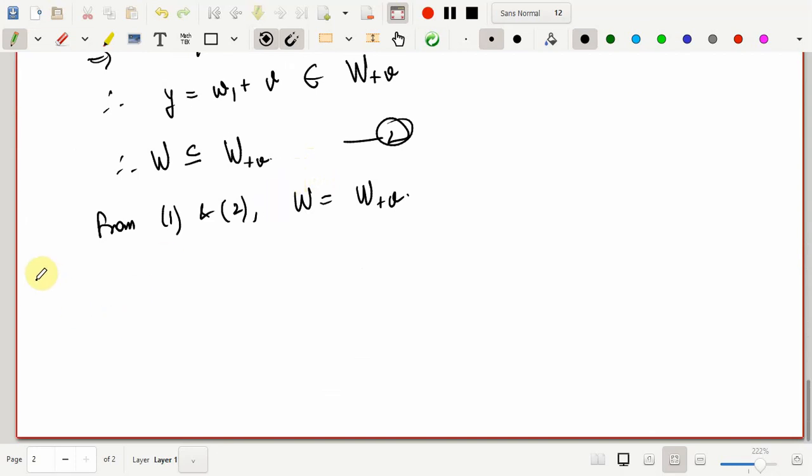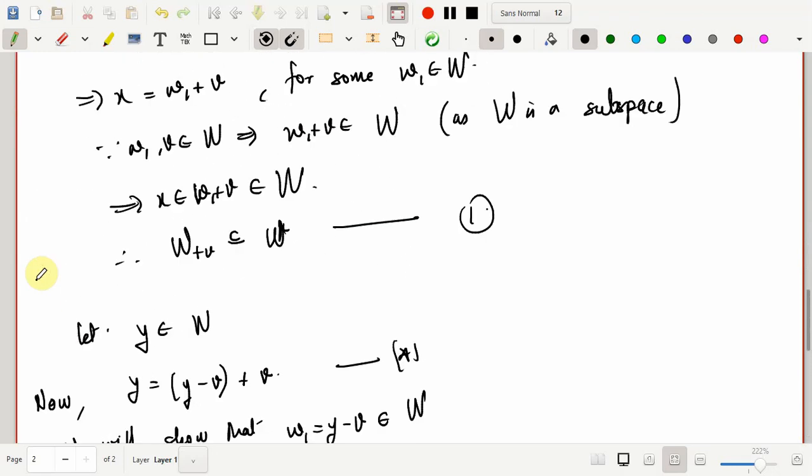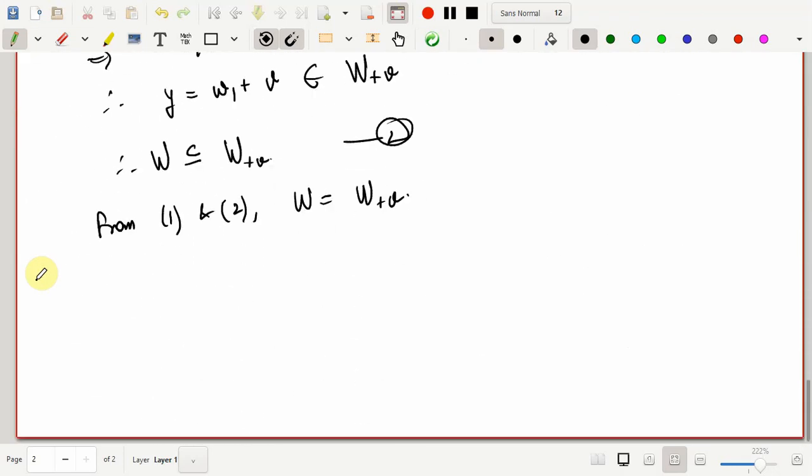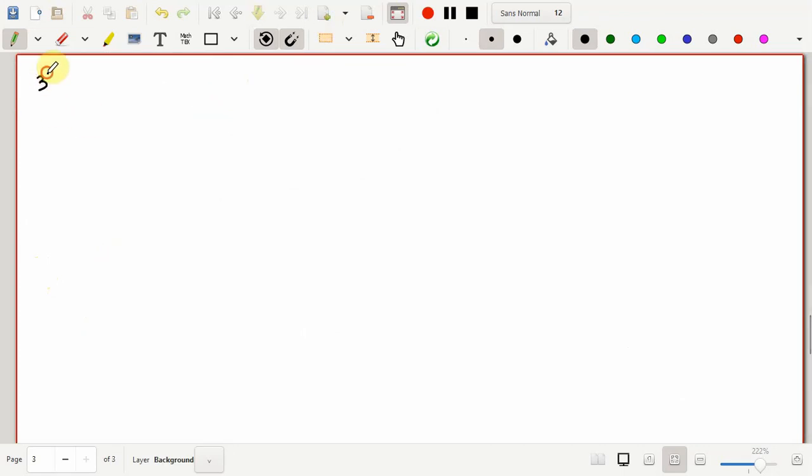One more observation I would like to mention here. Third one, this is a conditional statement. Let V1, V2 be in V, then W plus V1 would be the same as W plus V2.